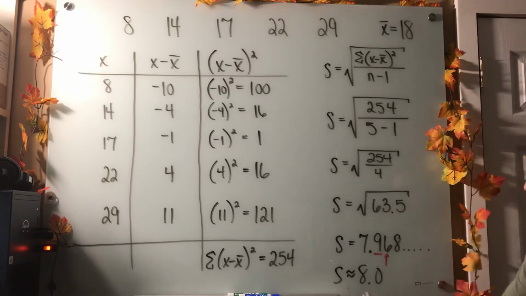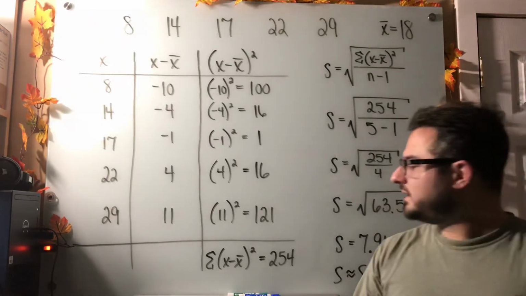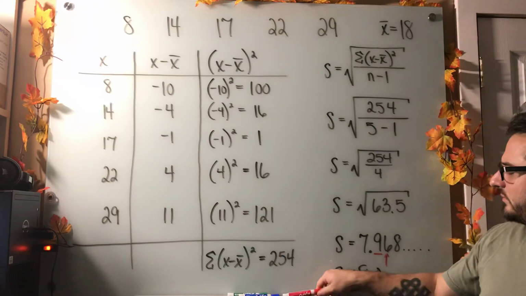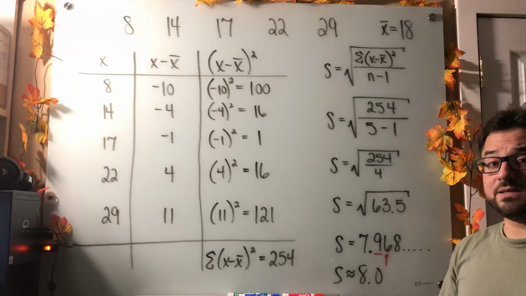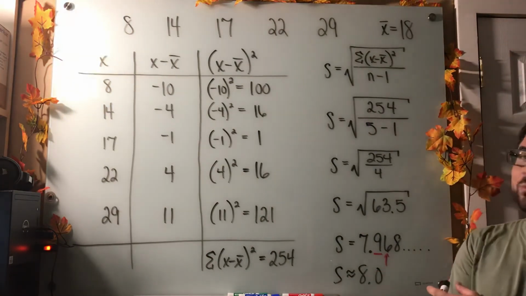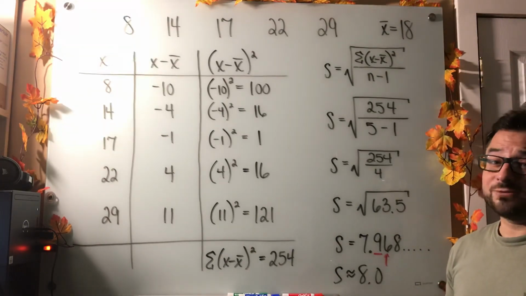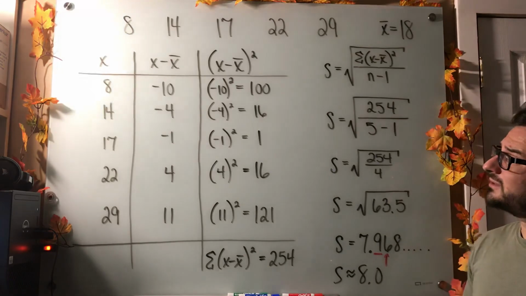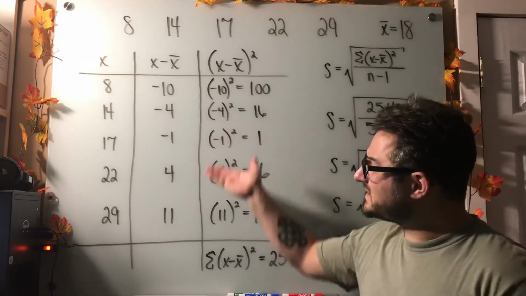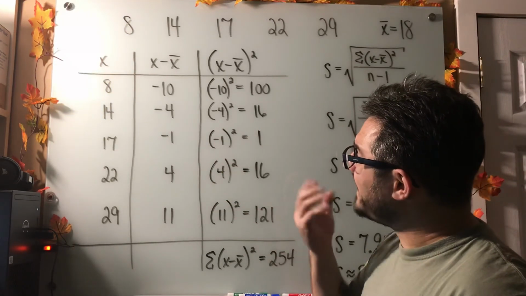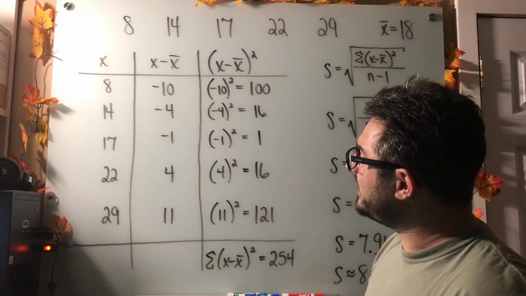So what this is telling us is that the average distance from the mean is about 8 spaces. Now, intuitively, well, maybe that's a bad word to use. I don't know how intuitive standard deviation really is. I mean, it certainly doesn't seem like we should be an average of 8 spaces away.